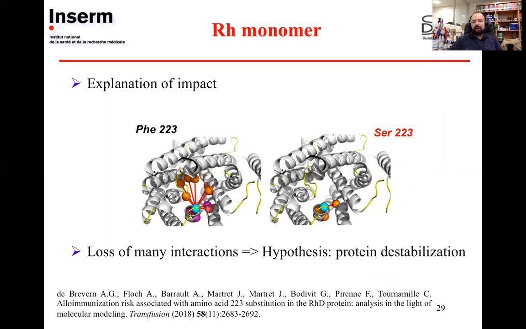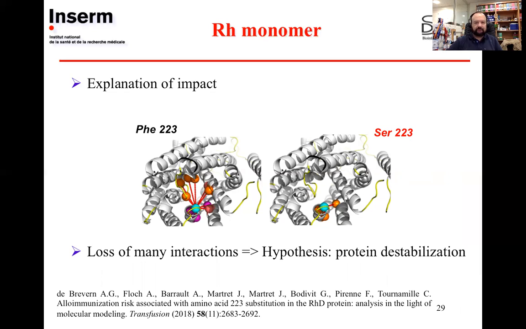So we did the punctual mutation using SQUIRREL, methodologies developed by Roland Dunbrack, and we looked at which types of interactions were maintained or not between the structural models we proposed and, of course, the different variants. What is very interesting is that the original amino acid, the phenylalanine in position 223, made a lot of interactions, and with the variants, it's very simple, it's highly drastic.